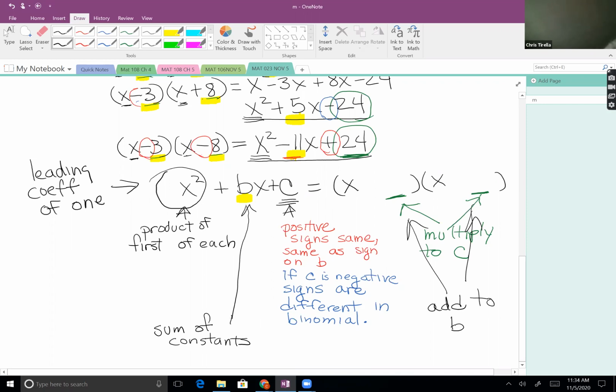And I've scribbled all over our products. But does everybody see those patterns? If so, we're going to take those patterns and what we know about the factors of numbers to try to factor some trinomials. Can I turn the page?